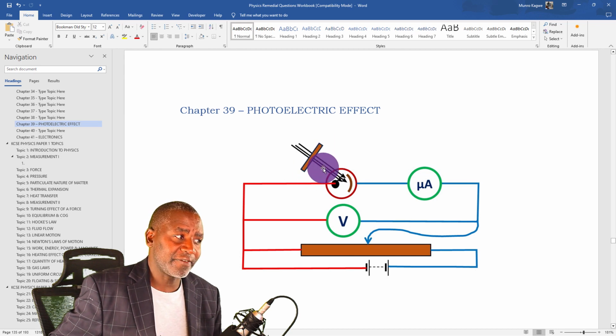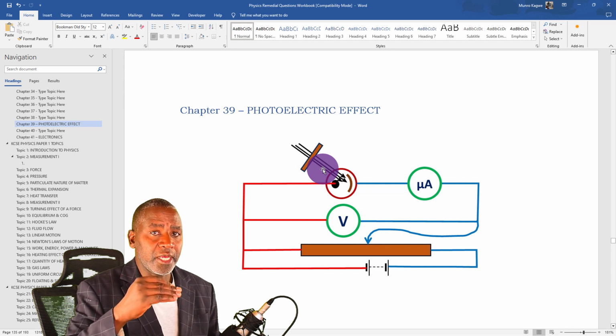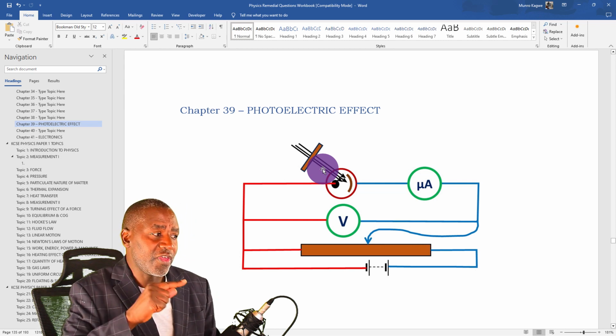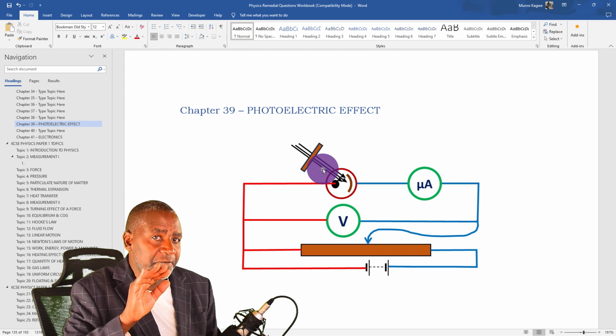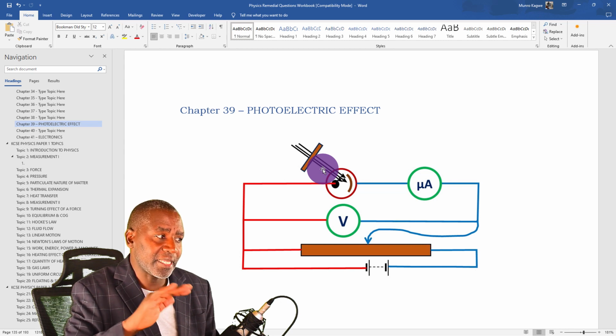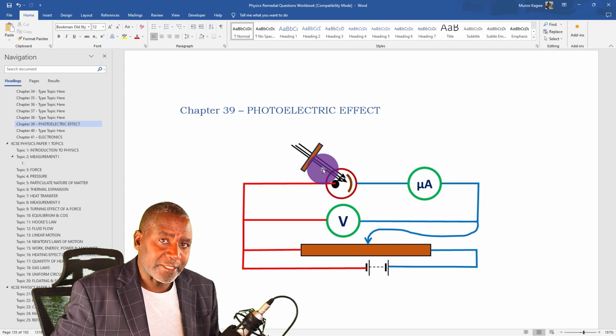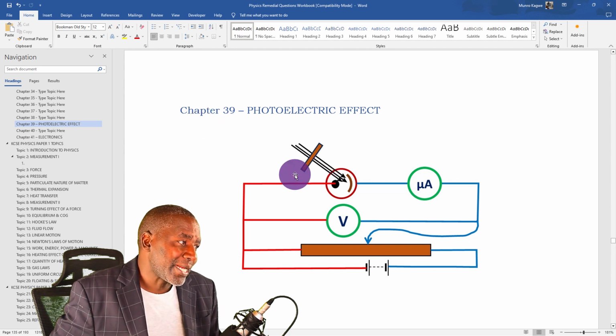We have 7 colors starting from red all the way to violet. Therefore, we are going to have at least 5 filters, for red, maybe orange, green, blue, indigo, violet, something like that. What do we mean by a filter? We know that white light has 7 colors.